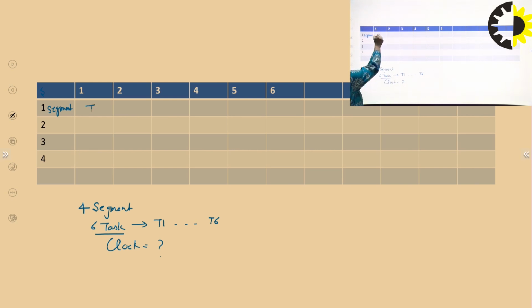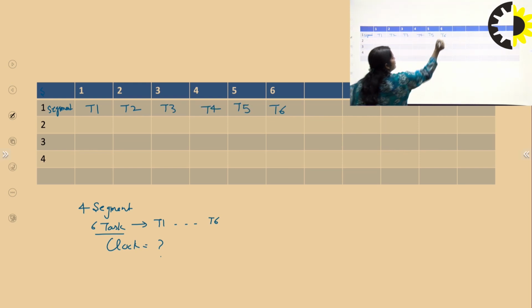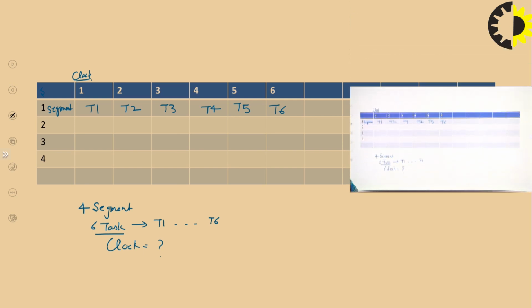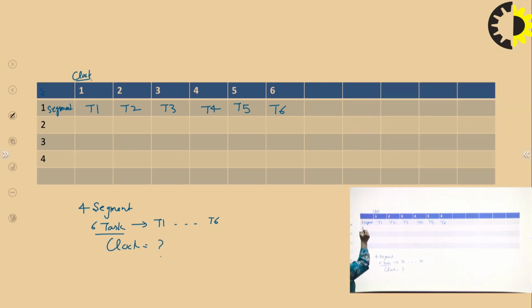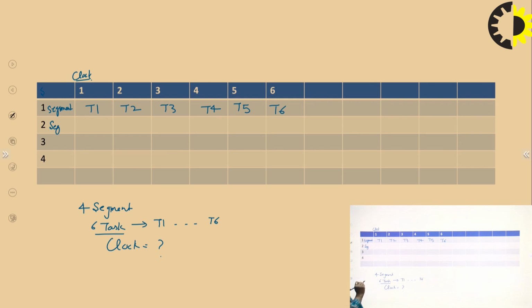So simply you can write T1, T2, T3, T4, T5 and T6. Because from the first clock, in the first tick, T1 is executed. When the second segment is going to be executed, the second clock will be executed from here, T1.